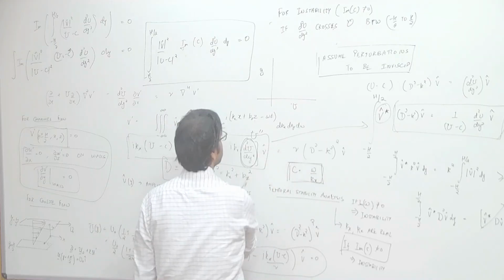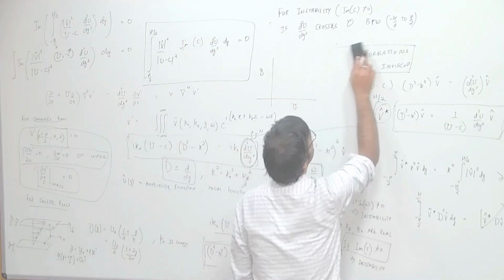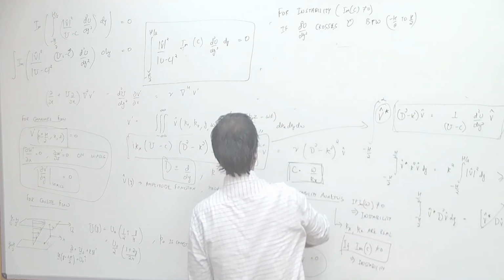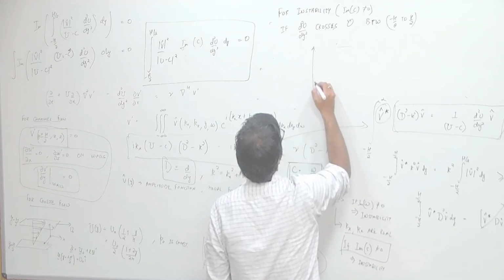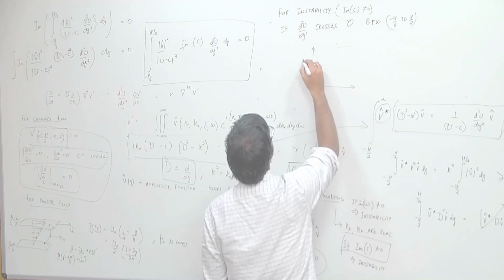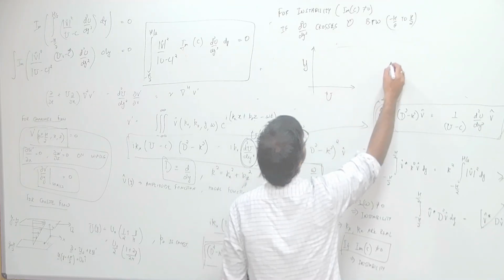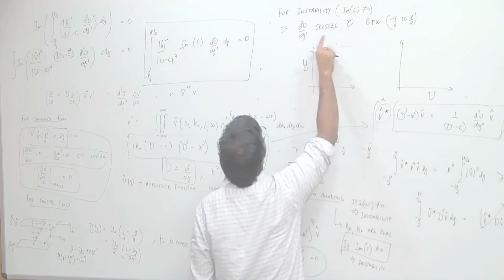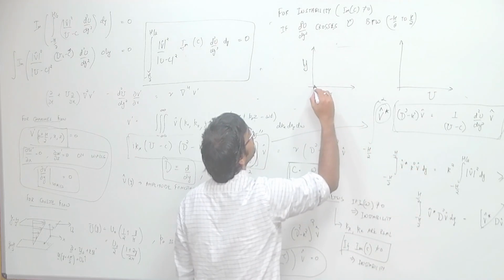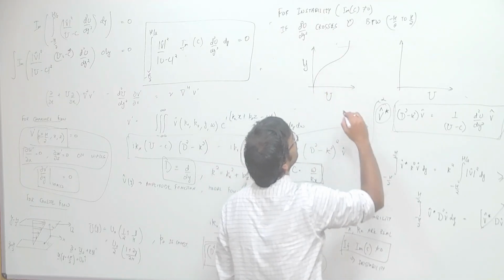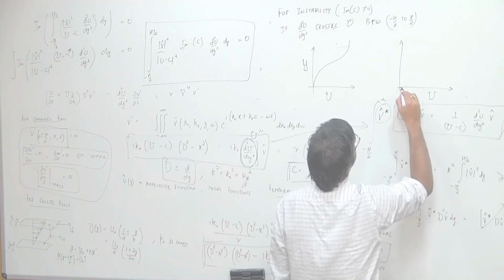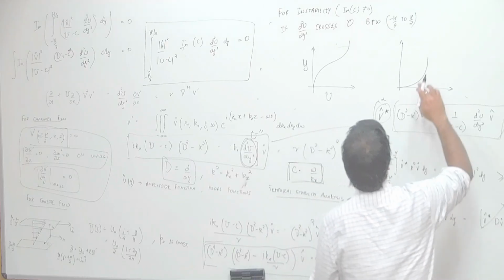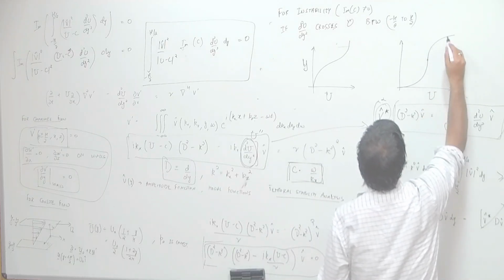So let us say, I am going to move this. You have these two cases that are possible when your velocity could have instability. One case is something like this, and the other case is something like this.